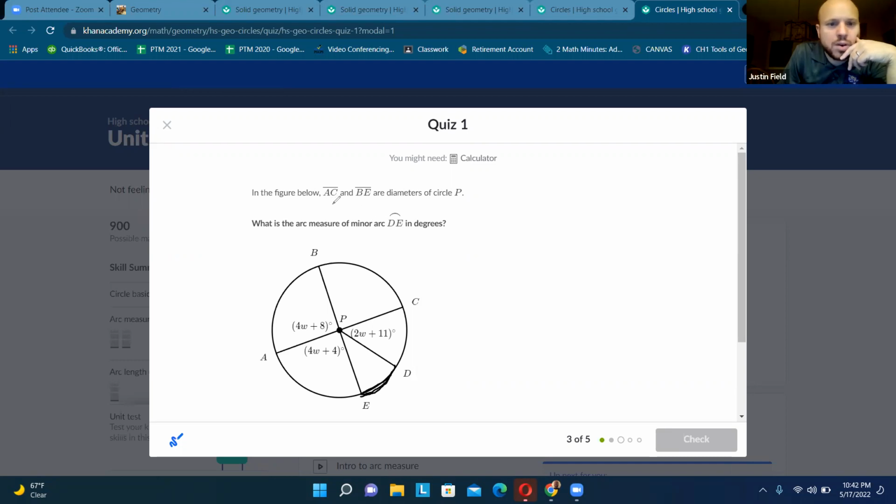What do we know? We have diameters. Diameters are 180 degrees. Did you know that? And is BE a diameter? It is. Check it out.